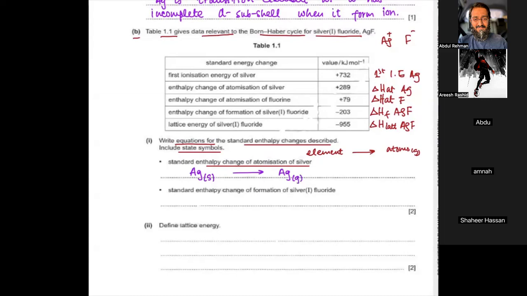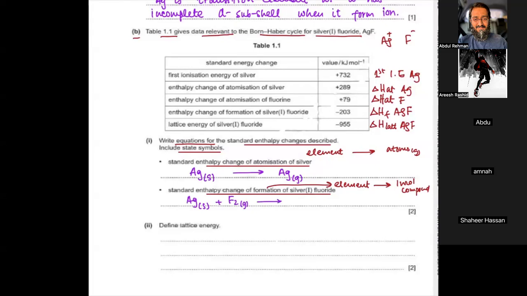Then standard enthalpy change of formation of silver(I) fluoride. For formation, if you recall, the equation has elements on the reactant side and 1 mole of compound on the product side. So that is the enthalpy change of formation. Over here, we are going to use silver, which is a metal again. Then fluorine. Remember, fluorine is a diatomic gas, so you have to put F2 gas.